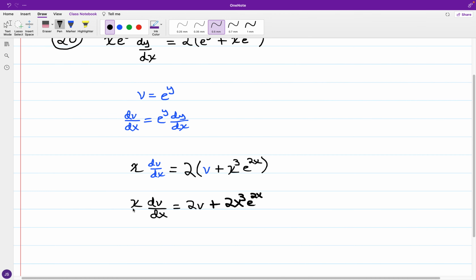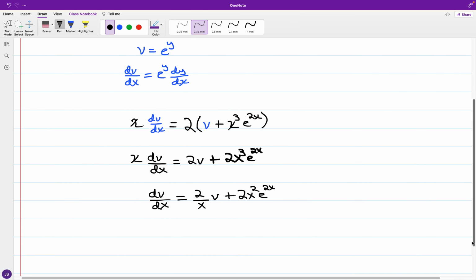I can divide the equation by x, to get no variable coefficient or anything other than 1 in front of the derivative. So you have dv over dx is equal to 2 over x times v plus 2x squared times e to the 2x.